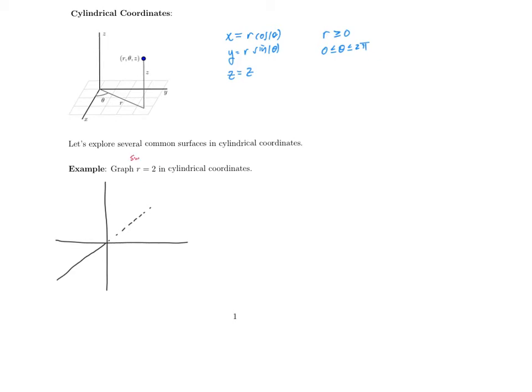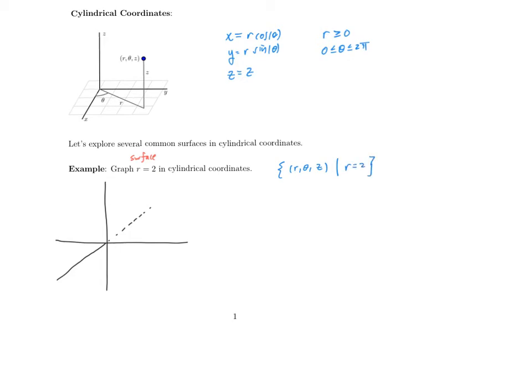Whenever we're talking about cylindrical coordinates, we are thinking three-dimensional space, so implicitly we're asking you to sketch the surface. In terms of a set, we want all points of the form r, theta, z, where r is forced to be 2.